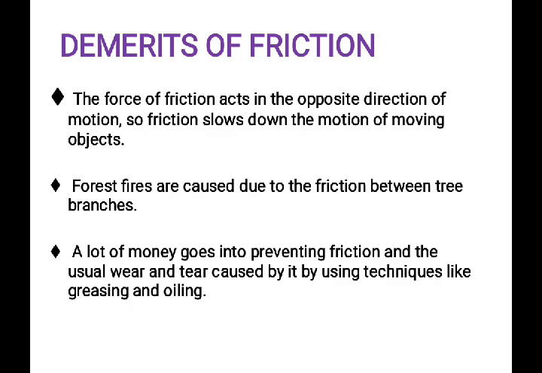And demerits of friction. The force of friction acts in the opposite direction of motion. So friction slows down the motion of moving objects. For example, you are playing football.